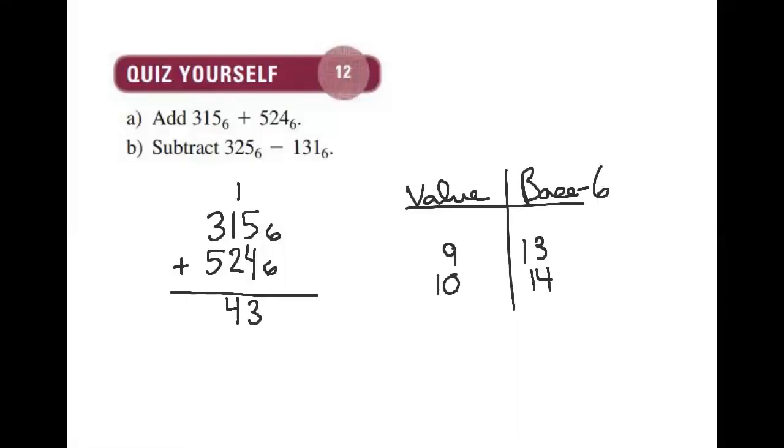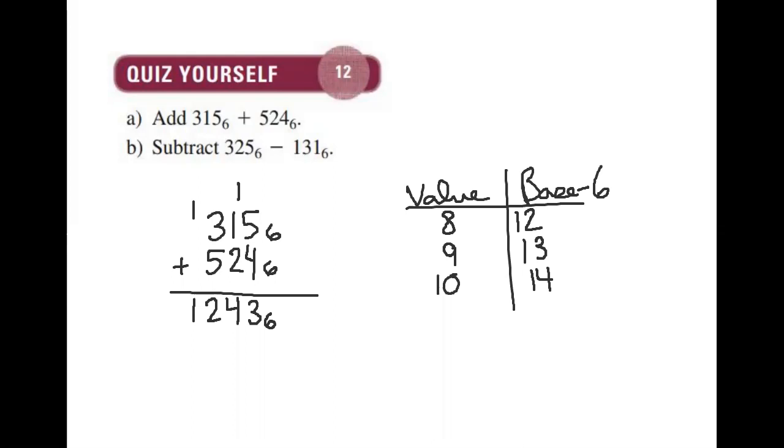And now we have 5 plus 3, which is 8, which is 1 six and 2 units. So we bring down the 2, carry the 1. There's nowhere to carry it though, so it comes down as well. So 315 base 6 plus 524 base 6 is 1243 base 6.